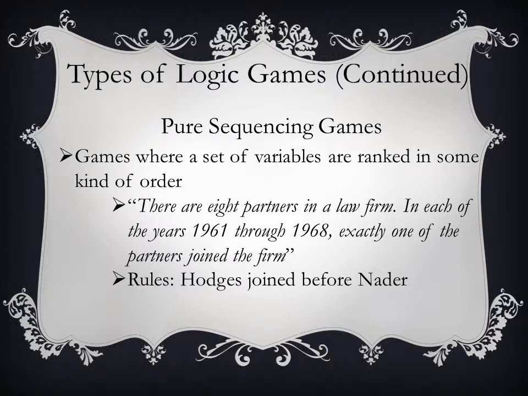And just a quick note that sequencing games and logic games seem very similar. They are very similar, but at the same time, they're very different. One of the ways that they're different is the rules. Sequencing game rules are going to be very generic, like the example that I have here. Linear game rules are going to be more specific.